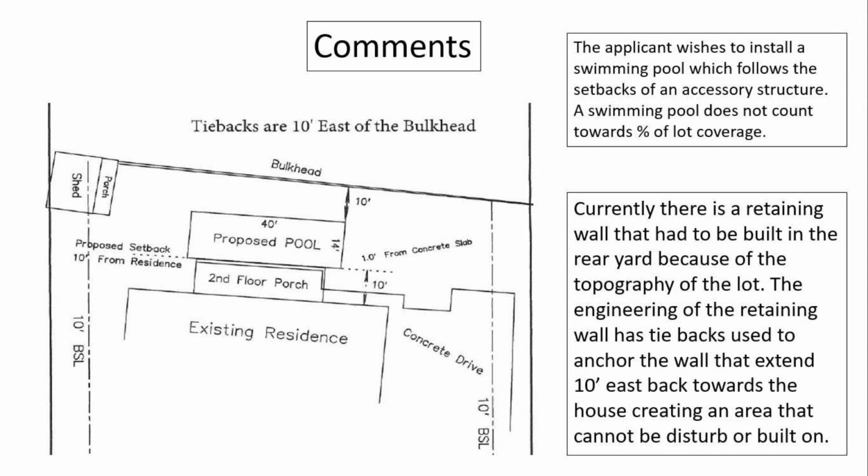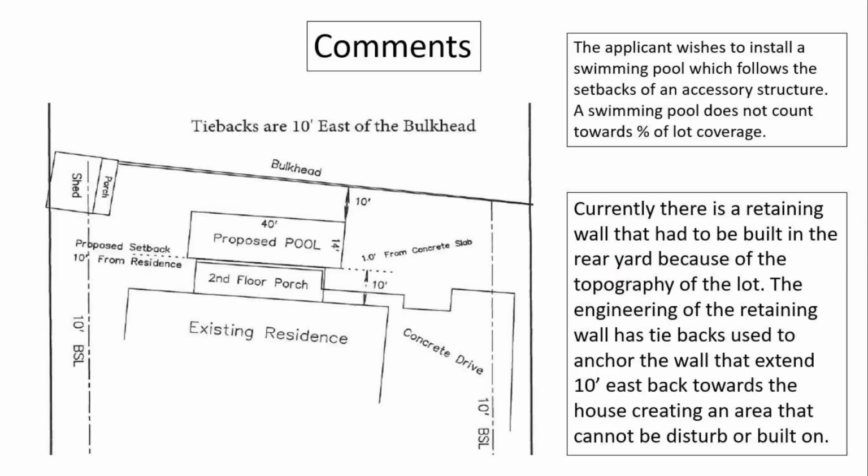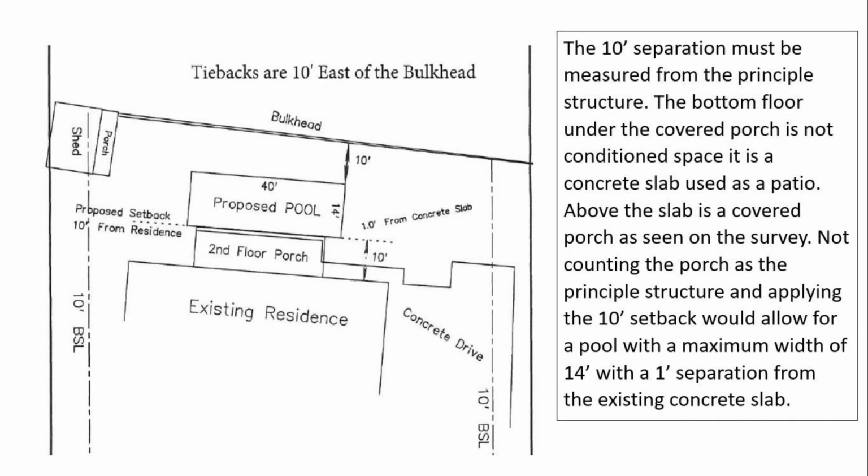On the snip of the survey on the screen, it shows the bulkhead, and past the bulkhead is the rest of the property, which on the aerial is all wooded and flows back down to the creek. So the area between the bulkhead and 10 feet cannot be built upon, and the proposed pool is between that and the house. The 10-foot separation has to be measured from the principal structure.